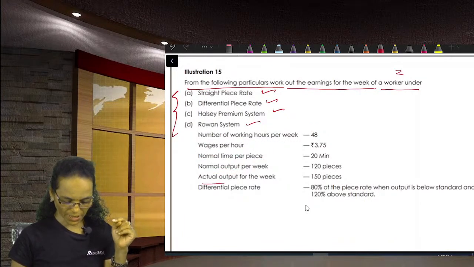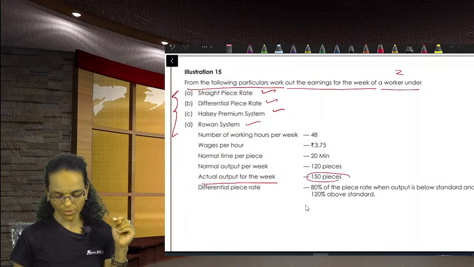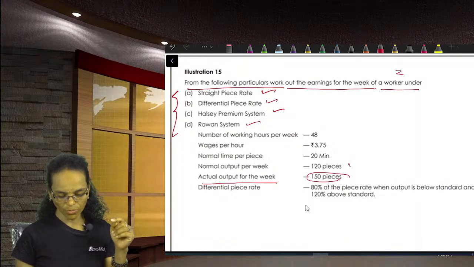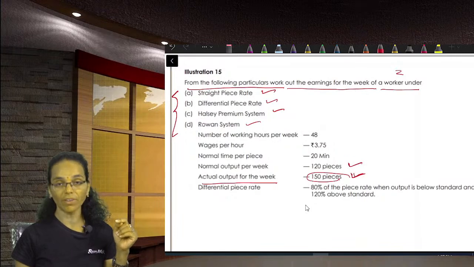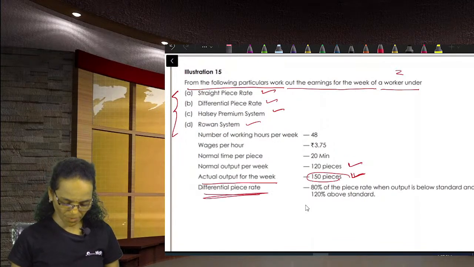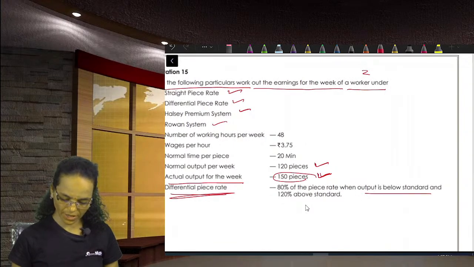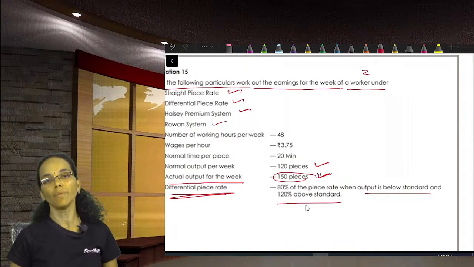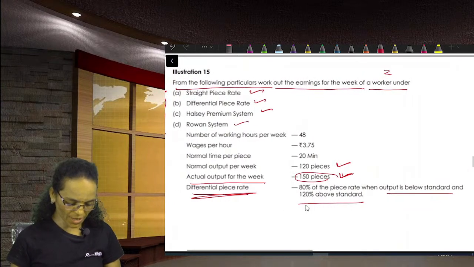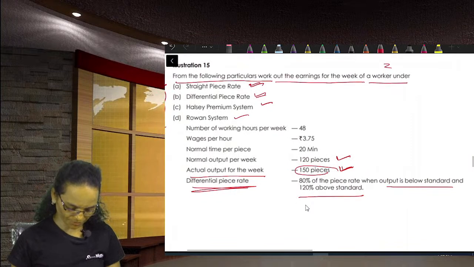Actual output for the week is 150 pieces. Differential piece rate, 80% of the piece rate when output is below standard and 120% above standard. Okay. One by one we will see.